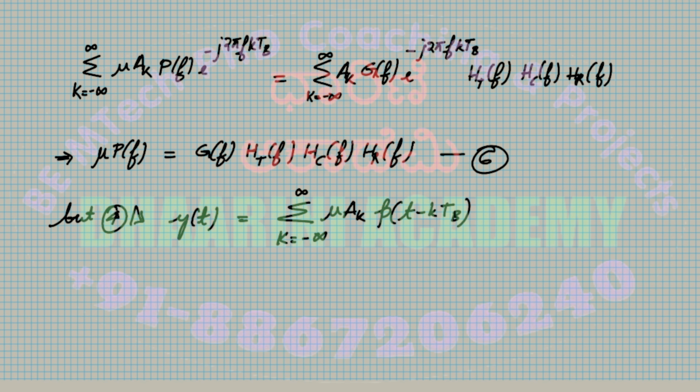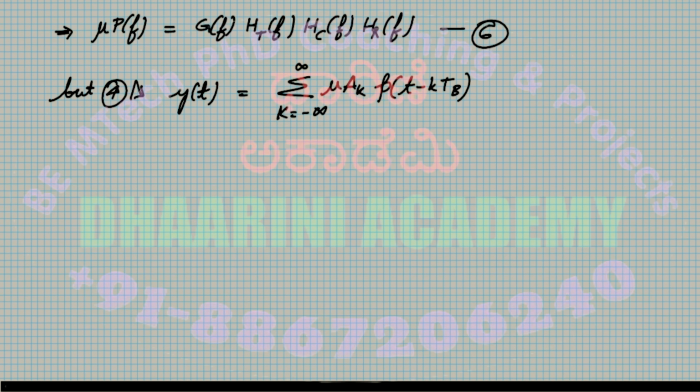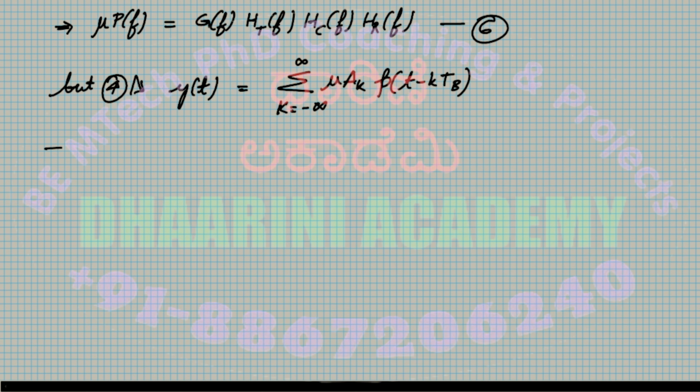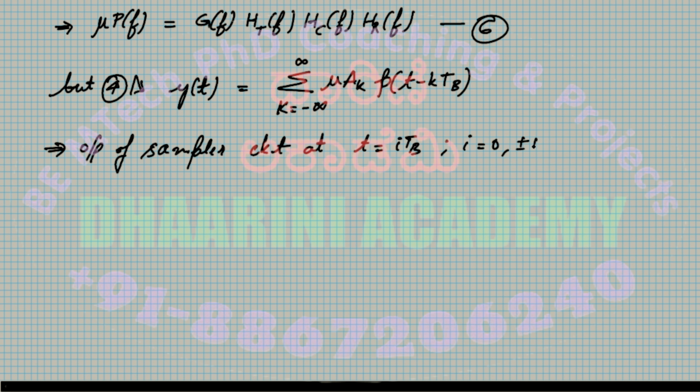So let us look at the output of the sampler. This implies the output of the sampler circuit at a t which is equal to I times Tb, where I will be equal to either 0, plus or minus 1, plus or minus 2, and so on, right?